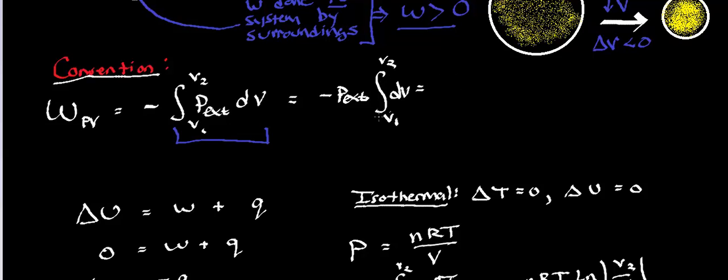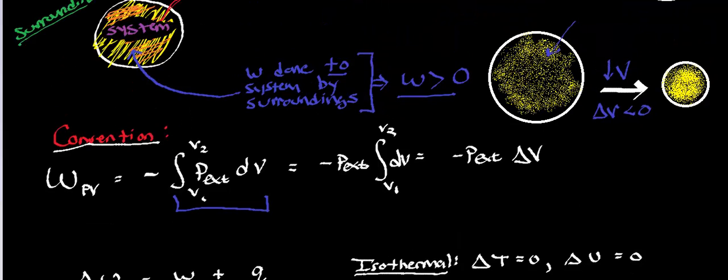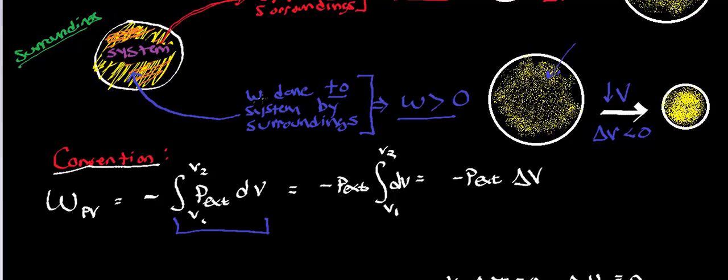Since I'm integrating dV from V1 to V2, just a differential element, my expression for PV work becomes negative external pressure times delta V, because pressure is constant. Now, let's say we're looking at the case where work is being done to the system and work has a positive value. We'll look at this example: a compression of the gas.